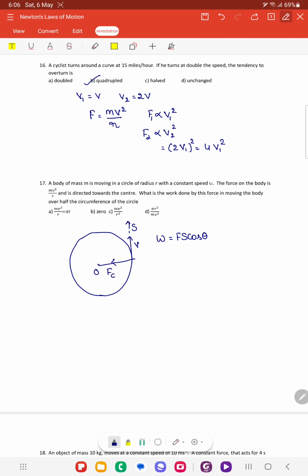So the angle between the centripetal force and the displacement is 90 degree. So theta is 90 degree. So work done is Fs cos 90, cos 90 is 0. So work done is 0. So option B is the right answer.